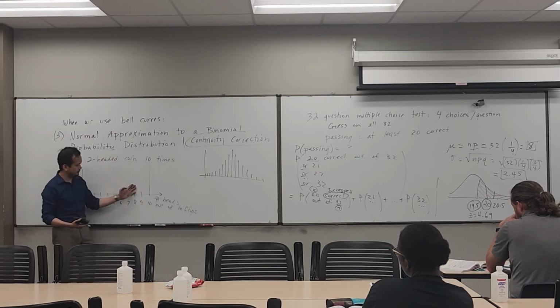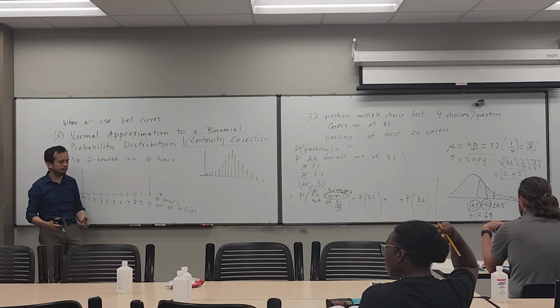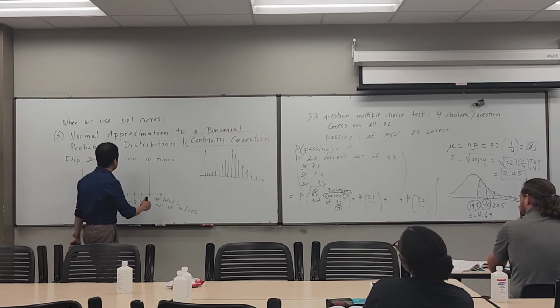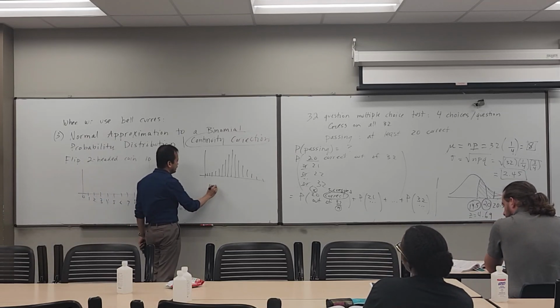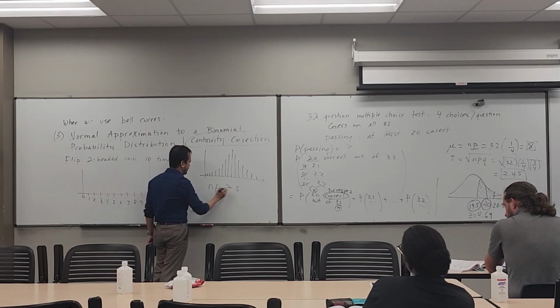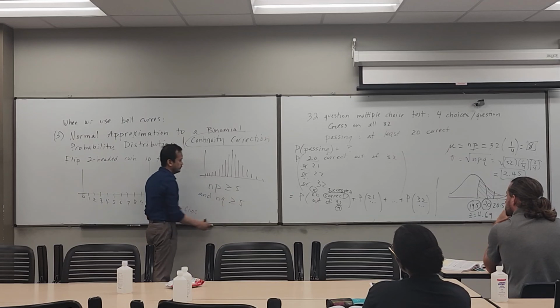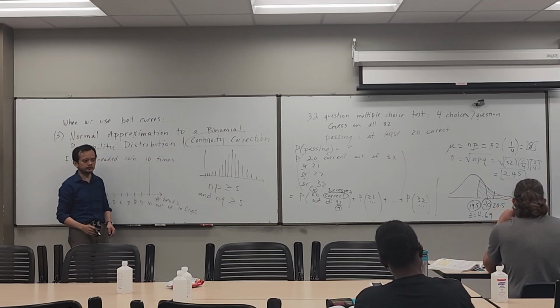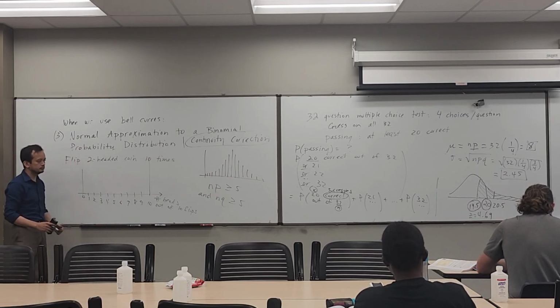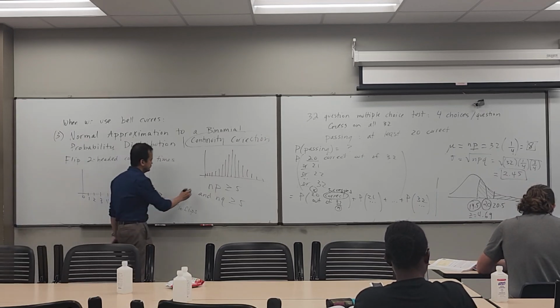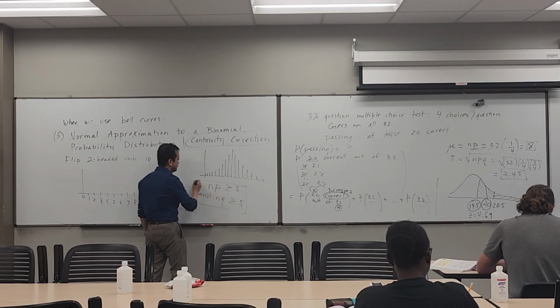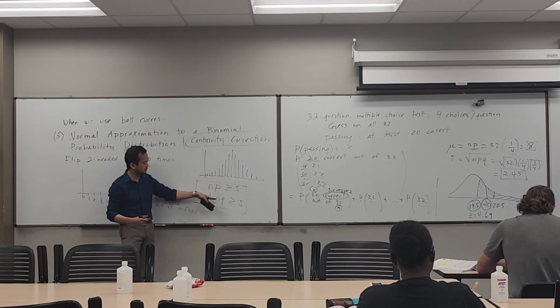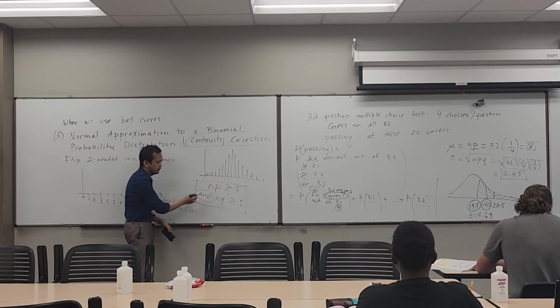In this case, there's not any mass on both sides of this mean. And so the way that we're going to quantify that is: NP has to be at least 5 and NQ has to be at least 5. Those are the assumptions to be able to fit a bell curve onto the underlying binomial distribution. Notice that these two assumptions are joined with "and," so that means that both have to be true.